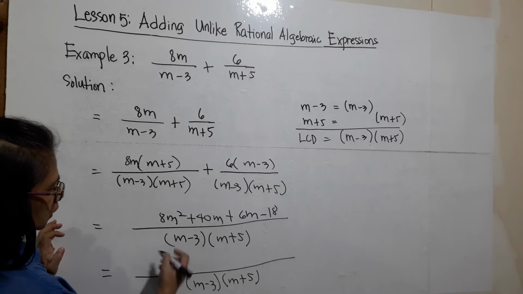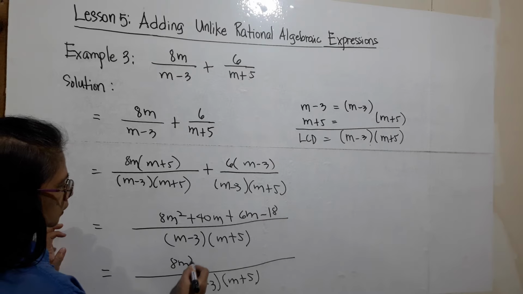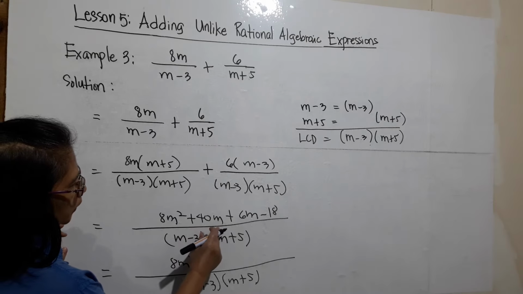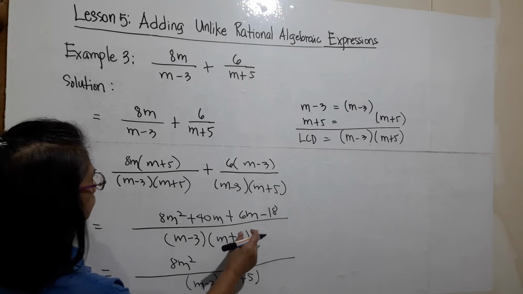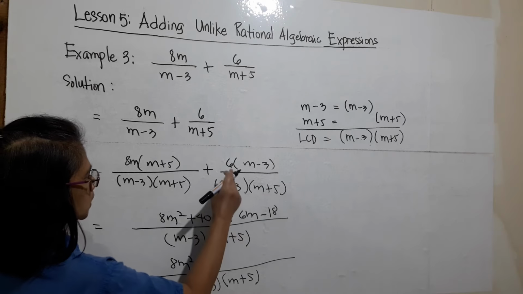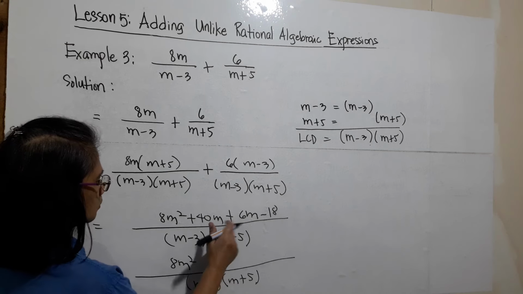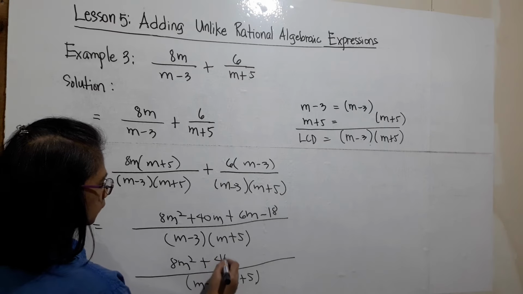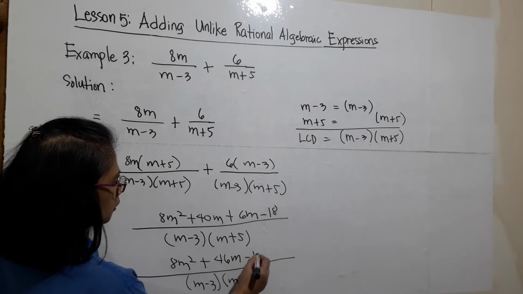So you have here 8m squared, 40m plus 6m: 8m times 5 is 40m, 6 times m is 6m, so plus 46m minus 18.